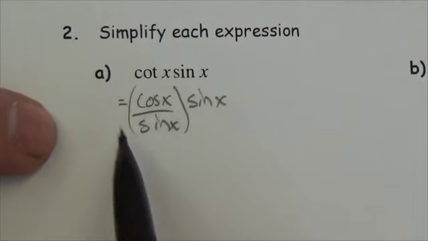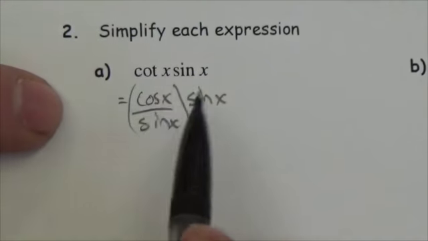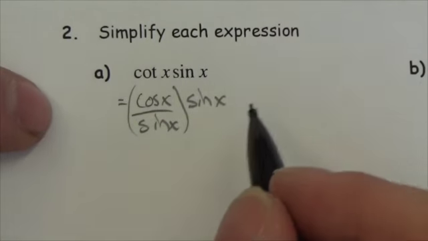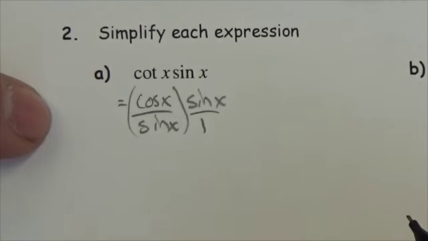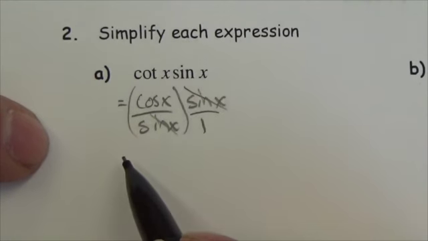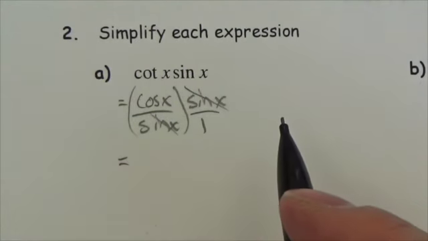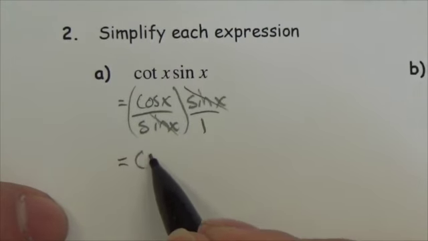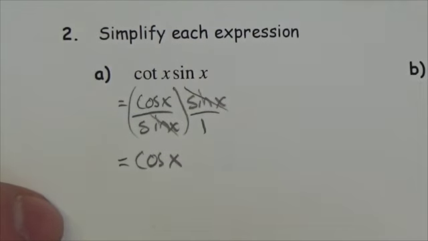I haven't changed anything. This is identical to the original because cotangent is cos divided by sine. Now, this is the same as sine over 1. Notice that I've got a sine in the numerator and a sine in the denominator, so this will be the same as just my cosine of x.